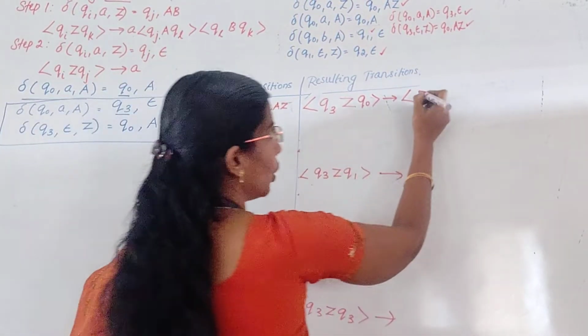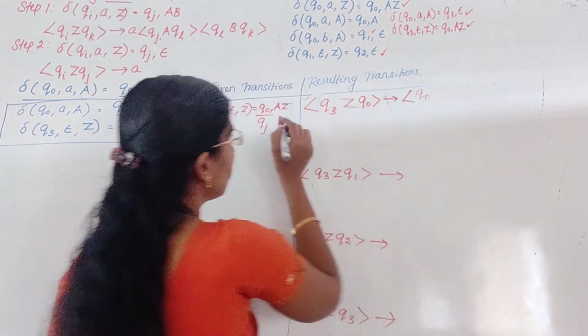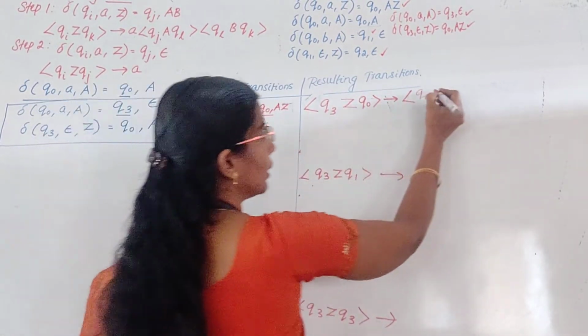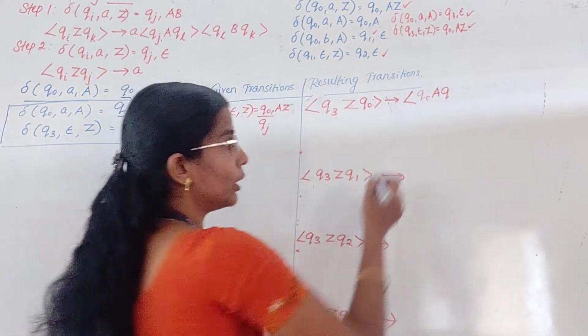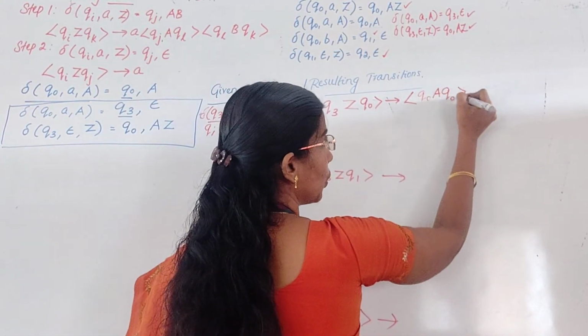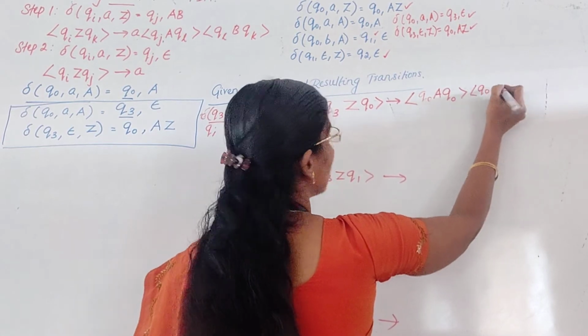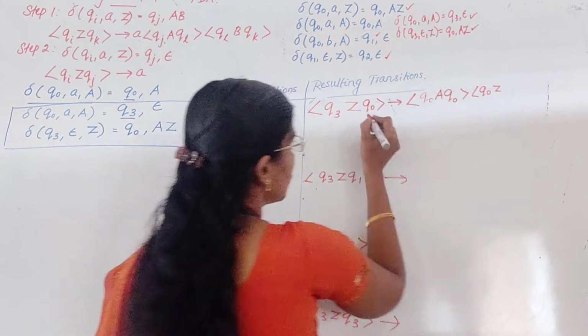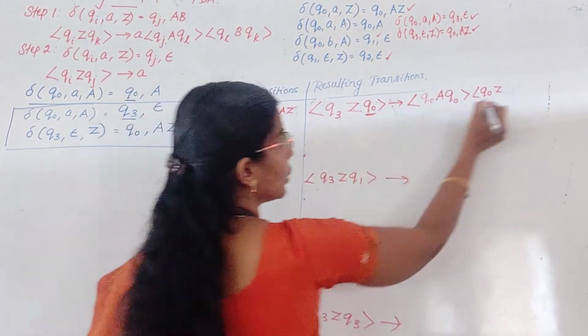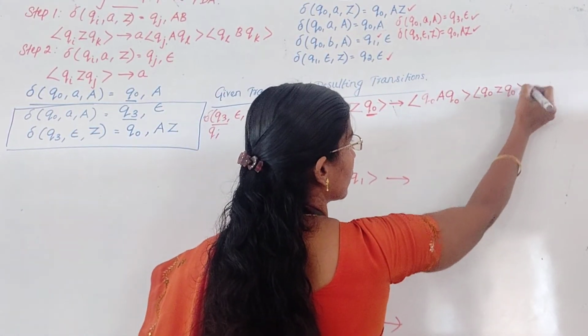Qj is Q0. What about your non-terminal? A, Z. And here you are supposed to write all the possible L values. The first possible L value is Q0, so it is Q0, A, Z. Next it should be Z and it should end with your K value. What is your K value? Q0.